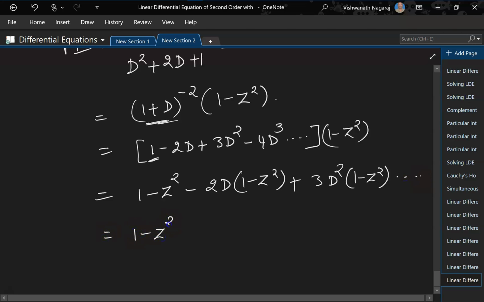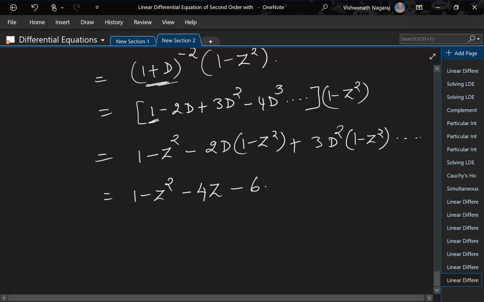Now let's simplify this. 2 times the first derivative: the first derivative would be minus 2z, so minus 2 times minus 2z is plus 4z. Plus 3 times the second derivative. The second derivative would be minus 2, so this becomes minus 6.